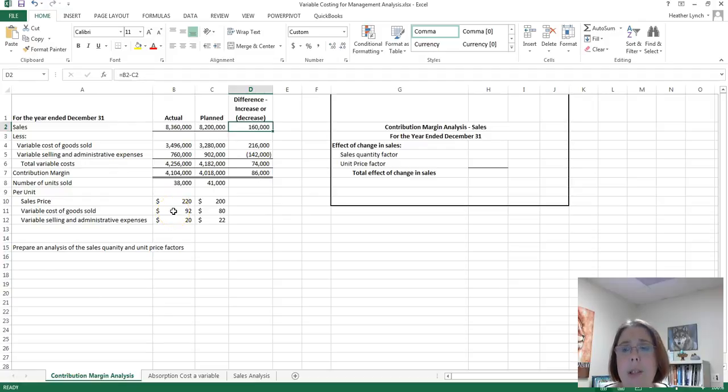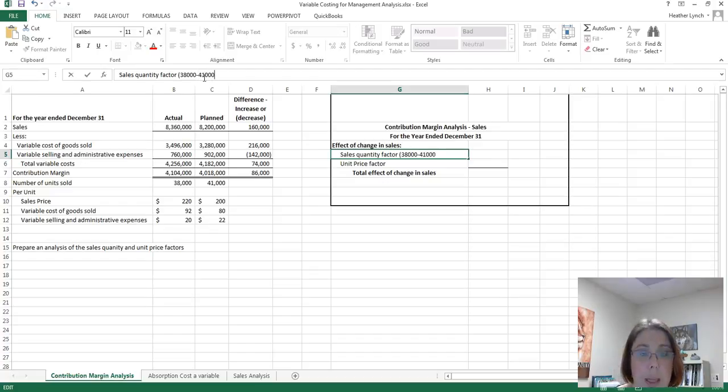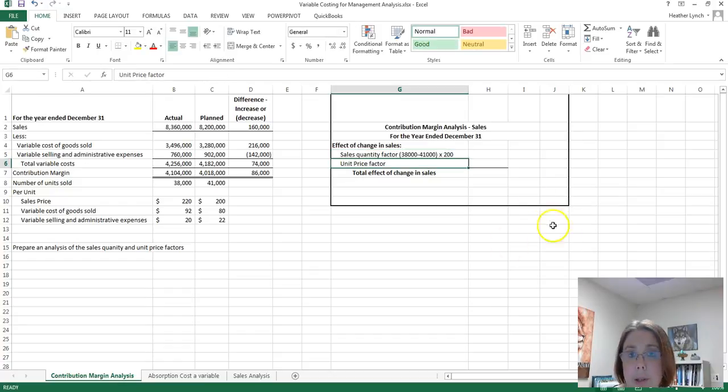So what they want to do is a contribution margin analysis to determine the effect of change in the sales. So for your sales quantity factor, you're going to take your actual, your 38,000, subtract off your 41,000 planned, and multiply that by the planned sale price.